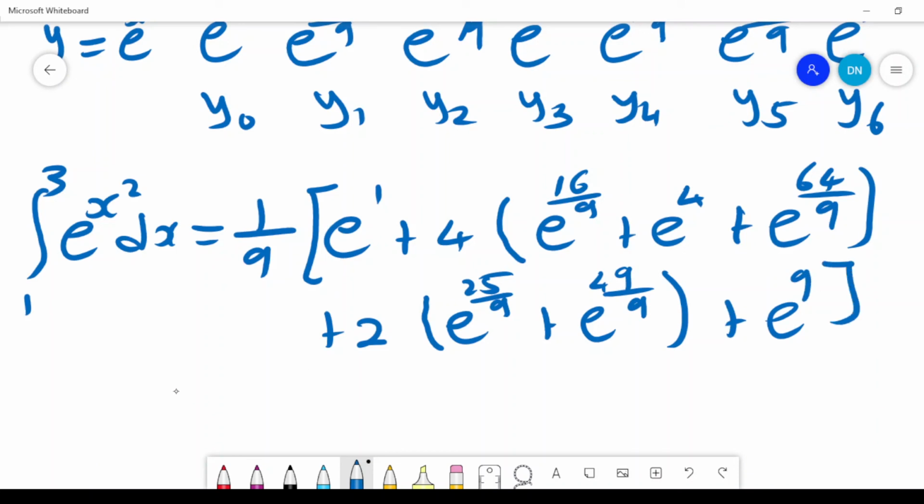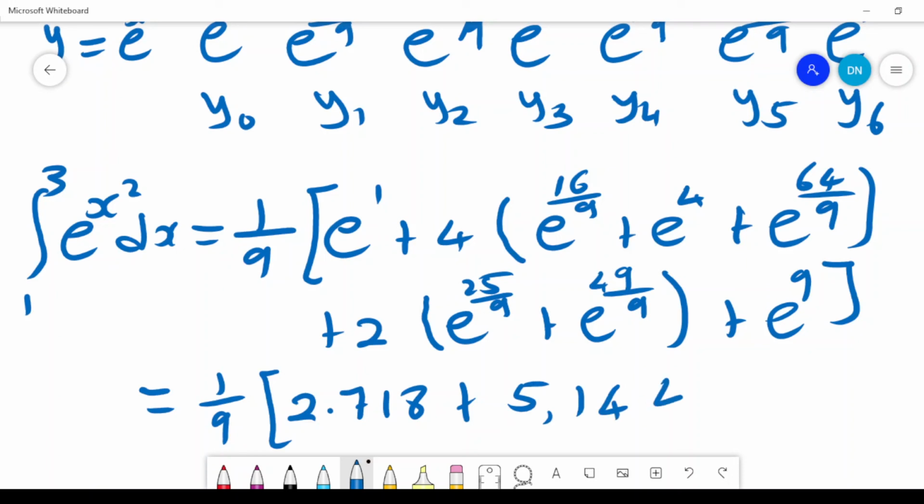And therefore, if you do all those computations, it will give you 1 over 9 times the following. The first value is e raised to power 1, which is 2.718. And then the second part, which is 4 times those 3 terms, will give you 5,144.092.